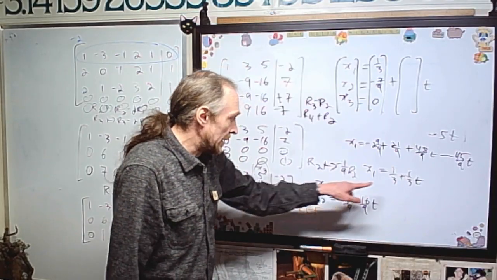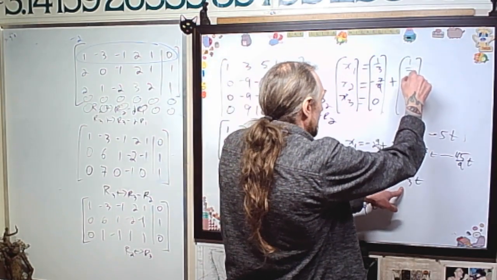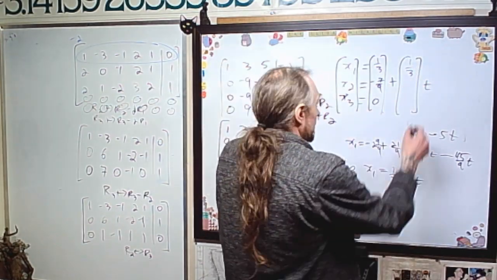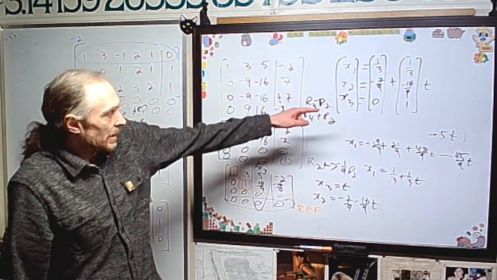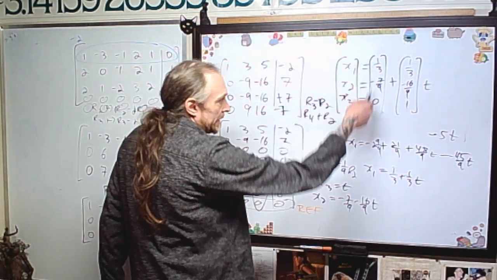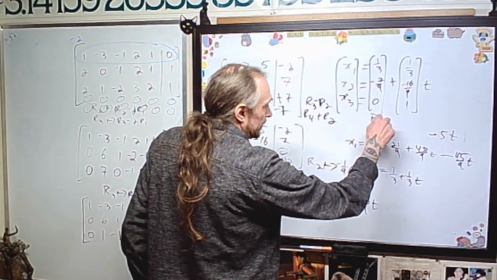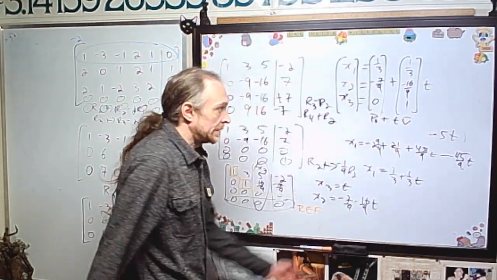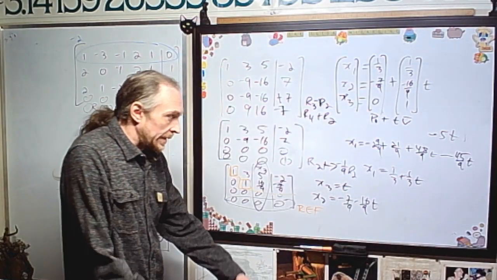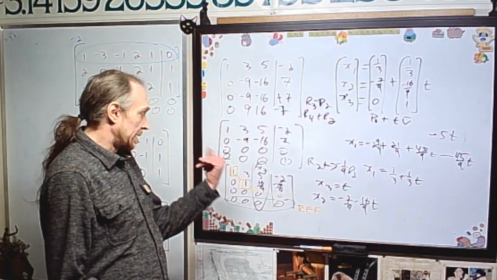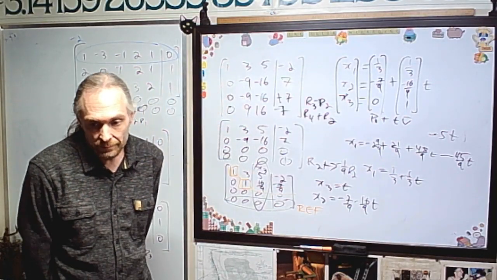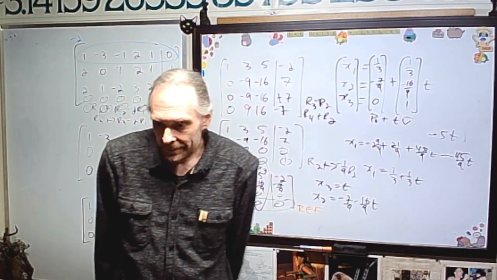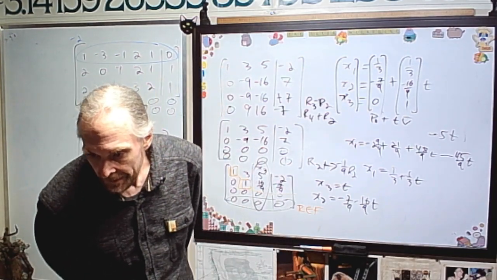Now, what was it? 1/3, negative 16 over 9, 1. So this is the parametric equations of a line through this point in the direction of this vector in 3-space, which is the geometric interpretation of the solution of this overdetermined system. Good.